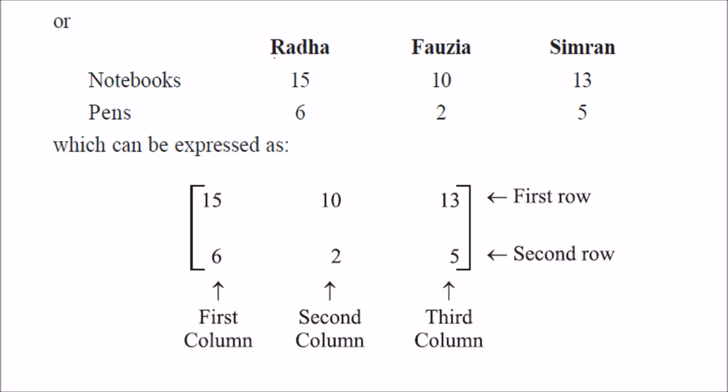We can take another way also. We can place notebooks and pens here, in the rows, and Radha, Fawzia and Simran, the names, in the columns. So here again we'll use a square bracket. This is first row, this is second row, this is first column, second column, third column.